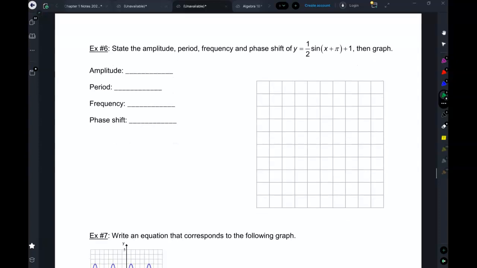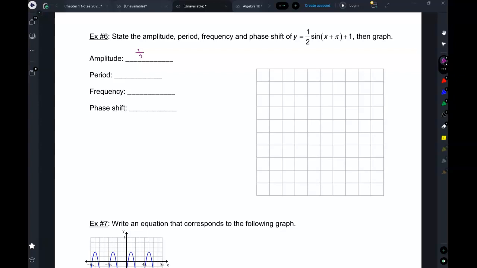Oh my gosh, look at this one. Okay, what's the amplitude here? 1/2. What's the period? 2 pi. What's the frequency? Okay, listen up, people. I don't know why students have this belief that pi can never be in the denominator. So when I ask for frequency, they're like 1/2, and they wonder, can I put pi in the denominator?